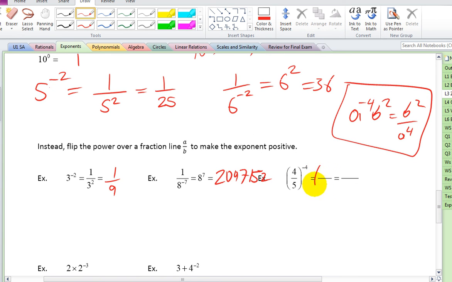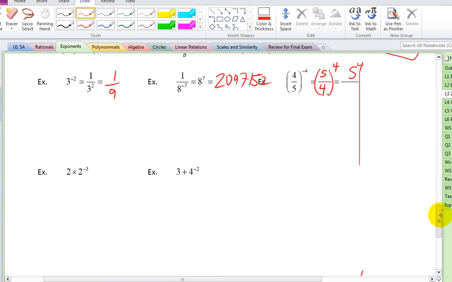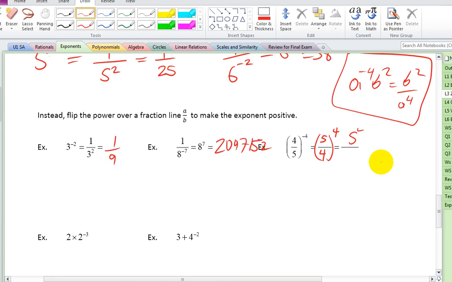So, change this to 5 over 4 to the positive 4. So you have to flip both of them. Top and bottom have to flip. So that equals 5 exponent 4 over 4 exponent 4.